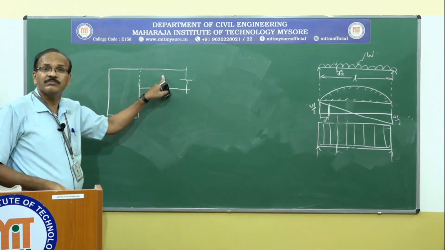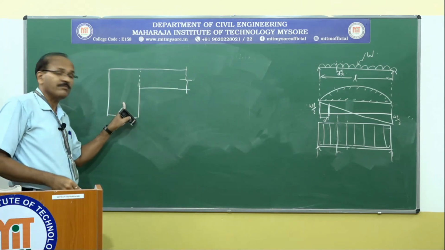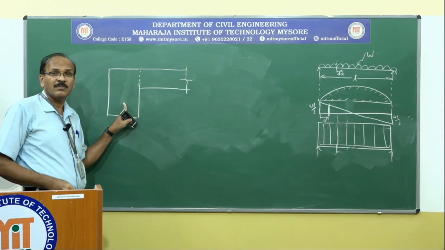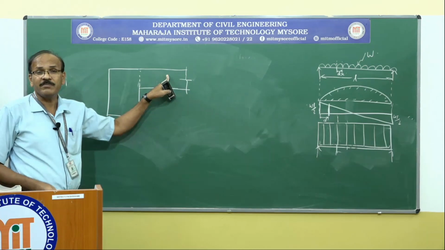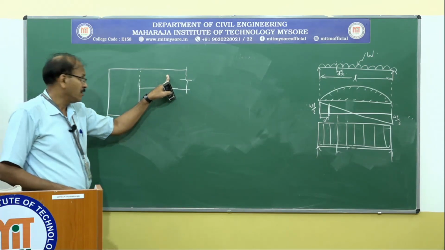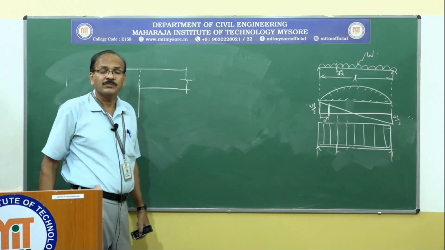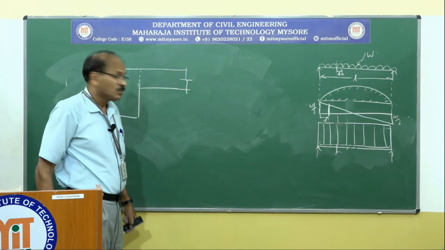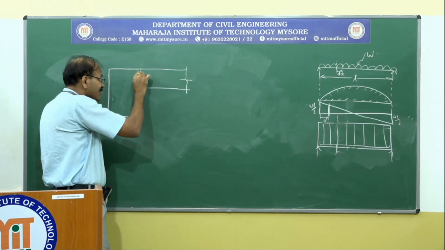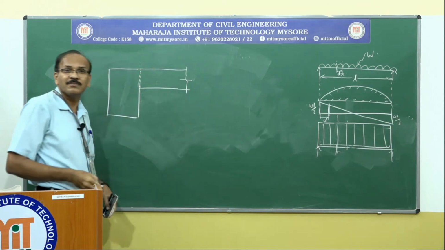This is a beam. This is also a beam. This is the main beam. This is the secondary beam. So when we design this secondary beam for shear, in this case, this is the critical section.